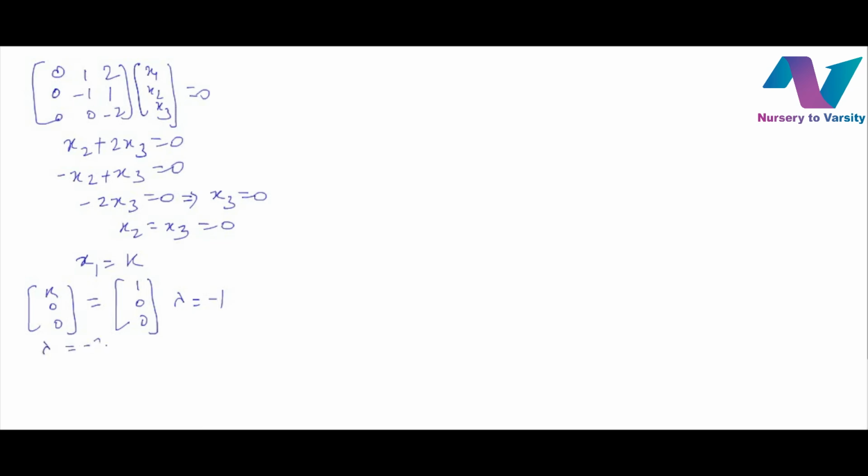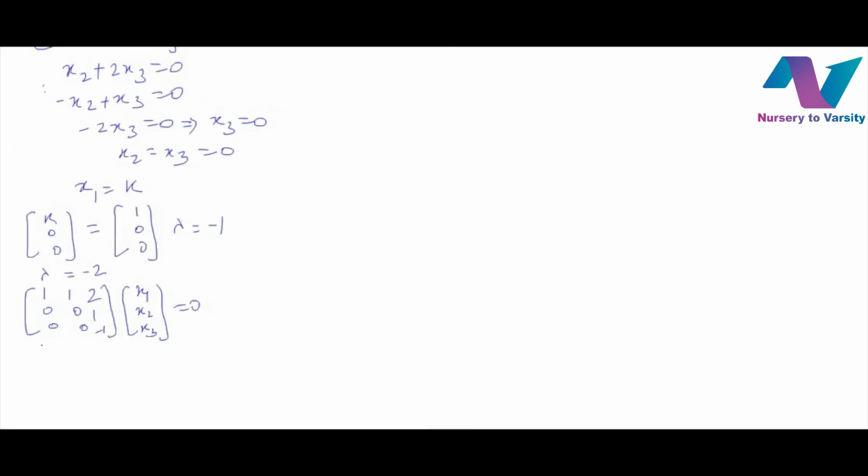Say for lambda is equal to minus 2, we get the matrix 1, 1, 2, 0, 0, 1, and 0, 0, minus 1 into x1, x2, x3, and this is equal to 0.